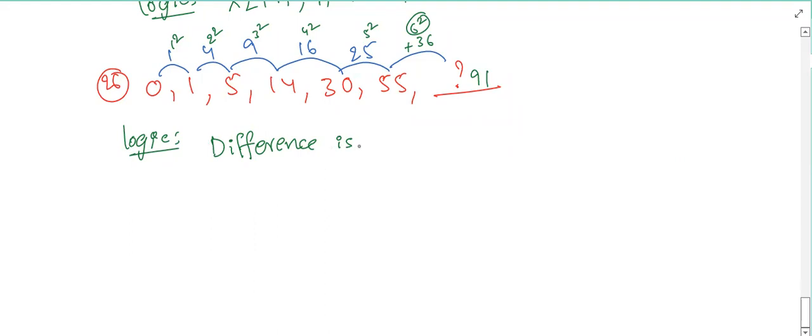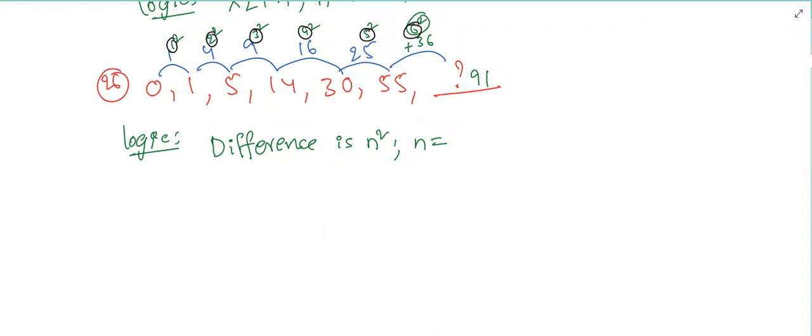Okay, the difference is n square, where n is in place of consecutive numbers. N is nothing but this one. This is 1, this is 2, this is 3, 4, 5. N is a natural number, a consecutive natural number.